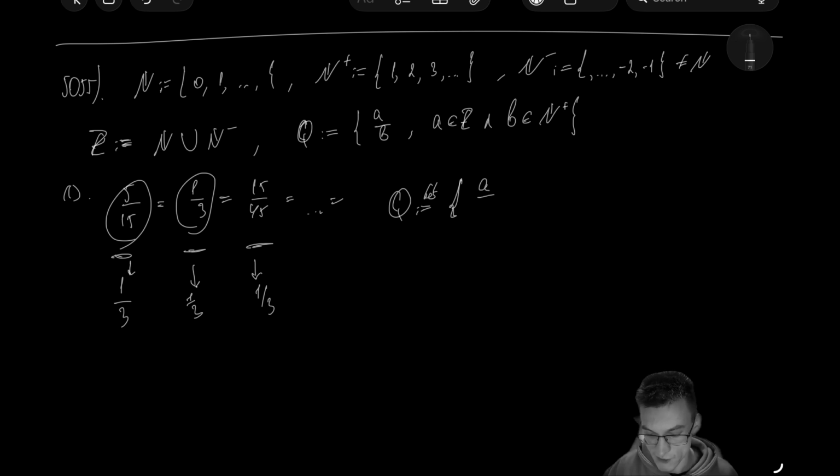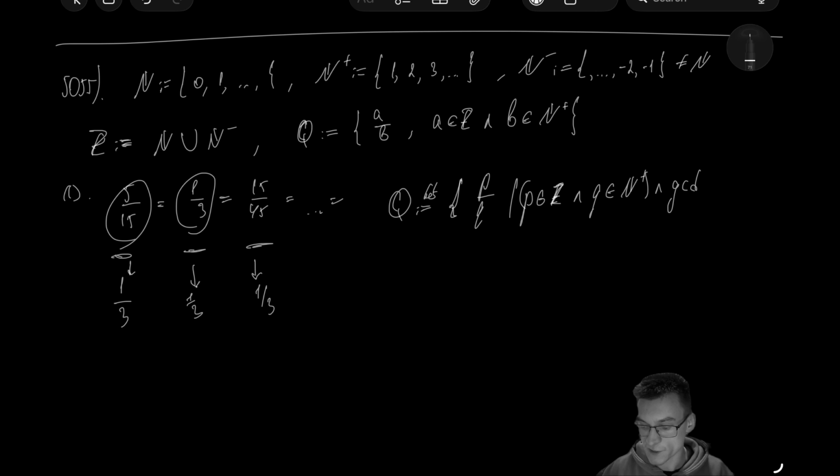We're going to say that these are the numbers p over q. I'm going to use different letters, but that's pretty much the same thing, where p belongs to the set of integers and q is a positive natural number. And one more thing: the greatest common divisor of p and q equals 1.